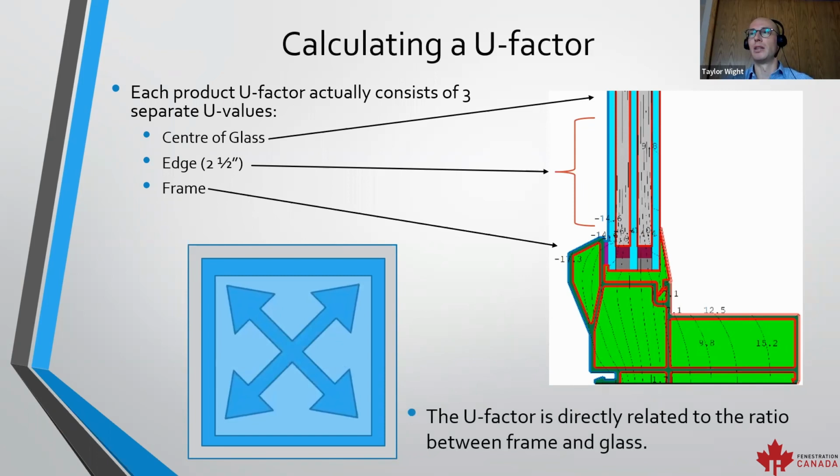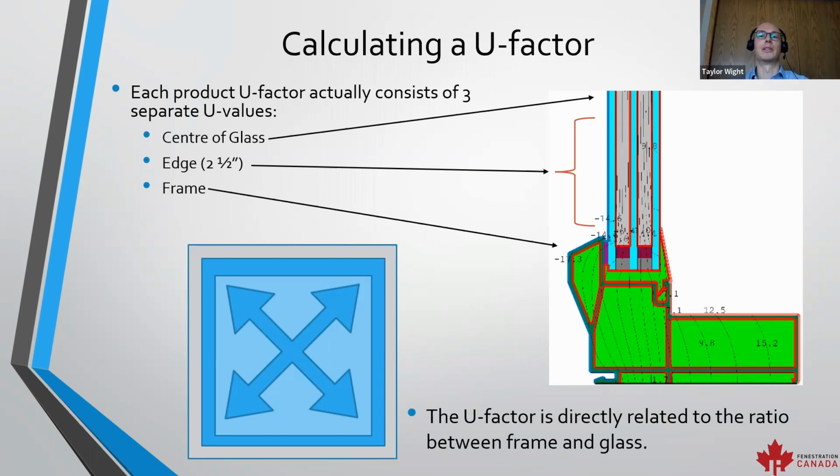So the trick with this is size matters, because the frame is often the worst performing. So the amount of frame to glass ratio matters with that U factor calculation. The less frame you have, the less frame area to glass ratio, the better the U factor will be.